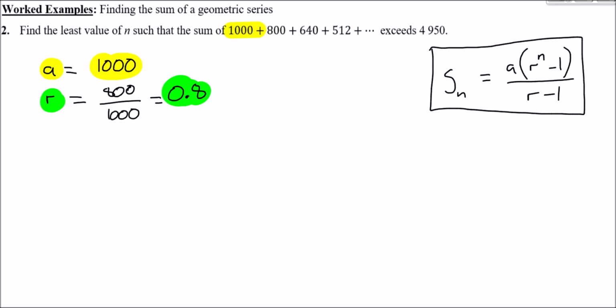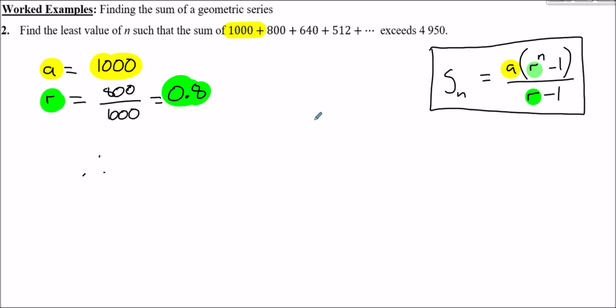So in our case now, we don't know what n is. We're trying to solve for n, but we do know that a is 1000, and we know that the common ratio is 0.8. So we want this Sn to be at least 4950.